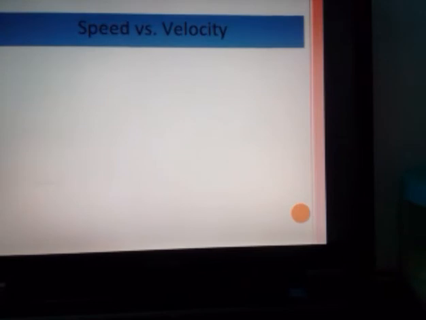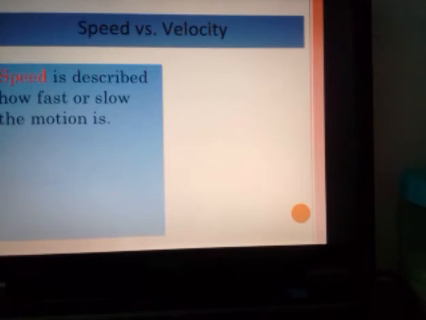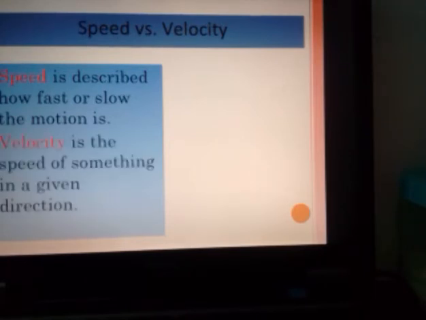So we already differentiate speed from velocity. Speed describes how fast or slow the motion is. And velocity is the speed of something in a given direction. In mathematical equation, speed is equal to distance divided by time.